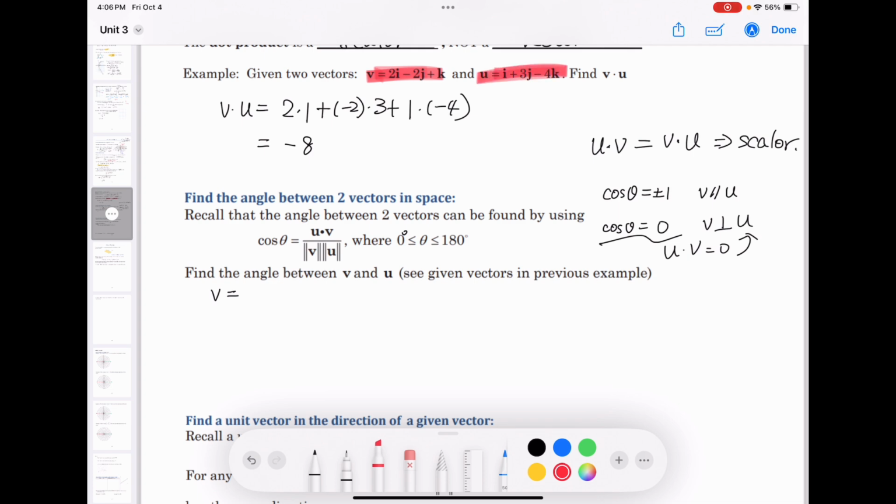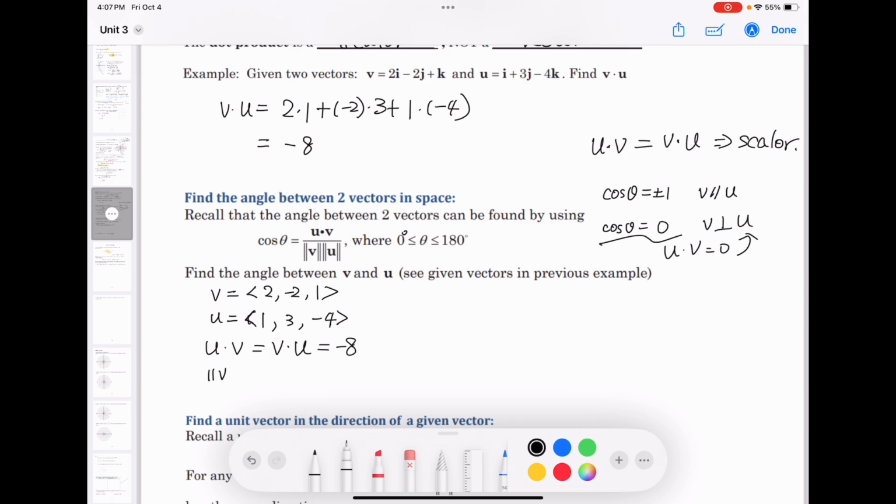The v and u vectors are on the top, in component form, which is v = 2, -2, 1 and u = 1, 3, -4. Okay, how about u dot v? u dot v is equal to v dot u. We have found this from the previous example. It's -8.